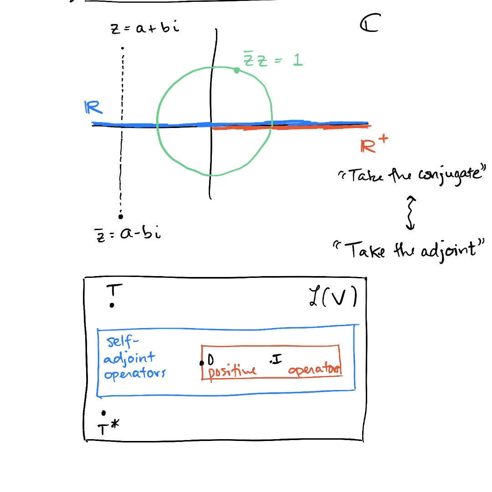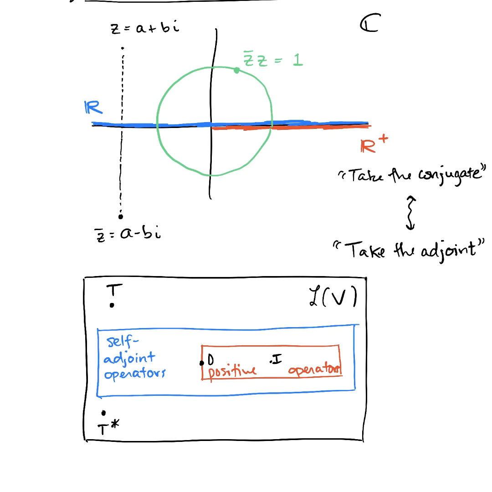So somehow, in the realm of complex numbers, taking the conjugate is an analog in the realm of operators on inner product spaces to take the adjoint. The real numbers in the complex plane are those whose conjugates equal themselves, and those correspond to the self-adjoint operators. Down there, among the linear operators on V, those are the ones where the adjoint equals the original operator.